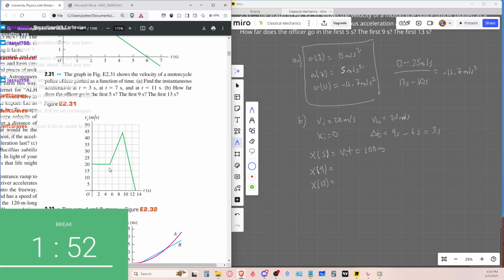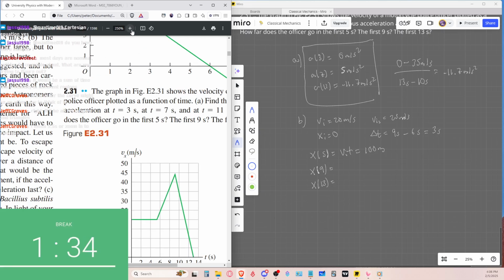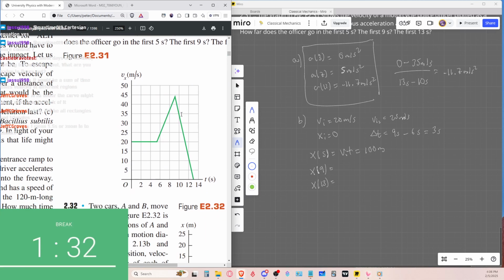Because it's not exactly at 5 seconds. It's a little bit past it. And I don't want to estimate it to be like 5.5 or something. But I know it's a little bit past 5, because 5 should be right here, and it's a little bit past it.